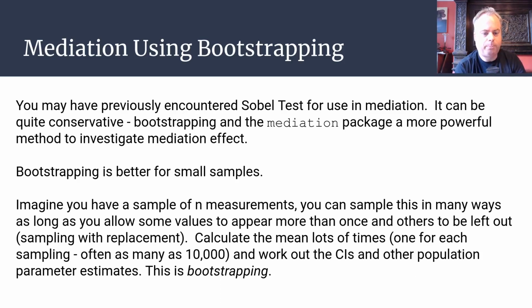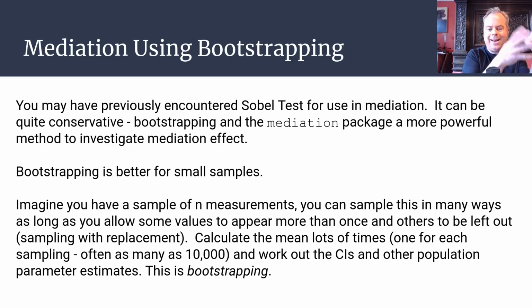So I want to take a brief diversion at this point just to talk a little bit about bootstrapping. Bootstrapping can be quite useful for small samples. So imagine you've got a sample of, say, n measurements. You can sample these measurements in many ways, as long as you allow some values to appear more than once and others to be left out. So you're kind of sampling and resampling from your data set. Each time you take a small sample, you can calculate the mean.